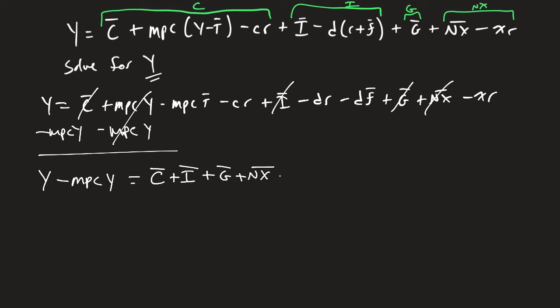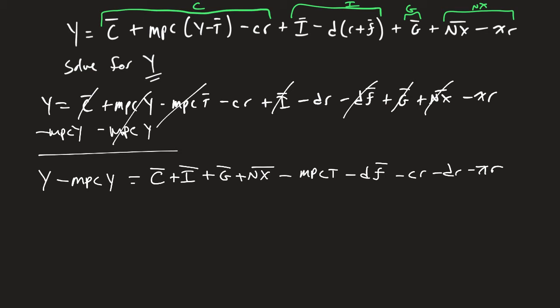I'm then going to take minus MPC T bar, and also minus D times F bar. Then I want to put all of the other things associated with R together: minus C times R, minus D times R, minus X times R.